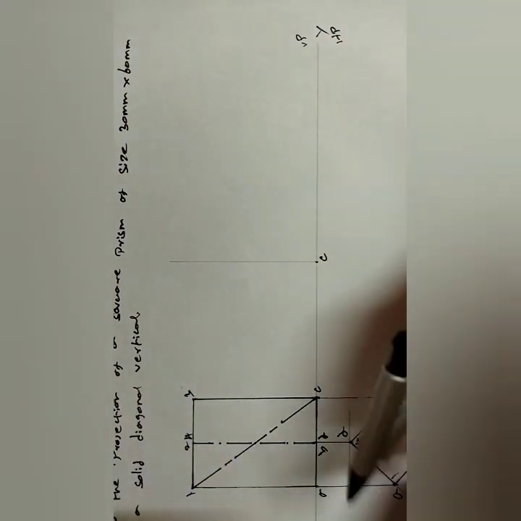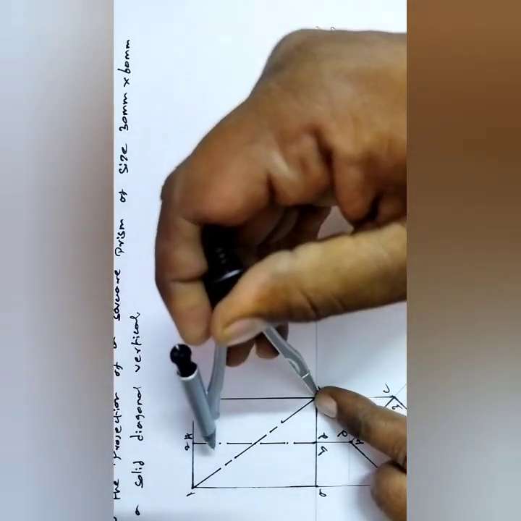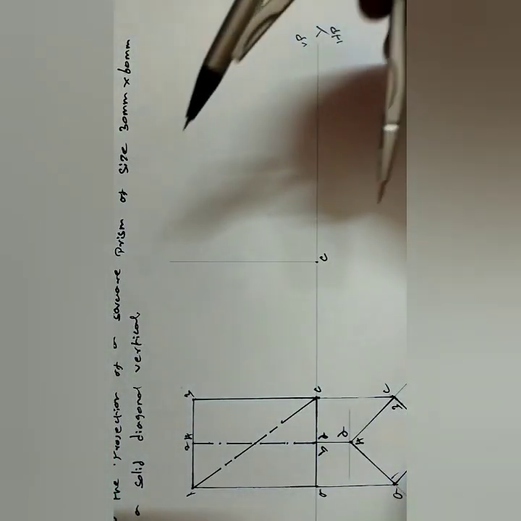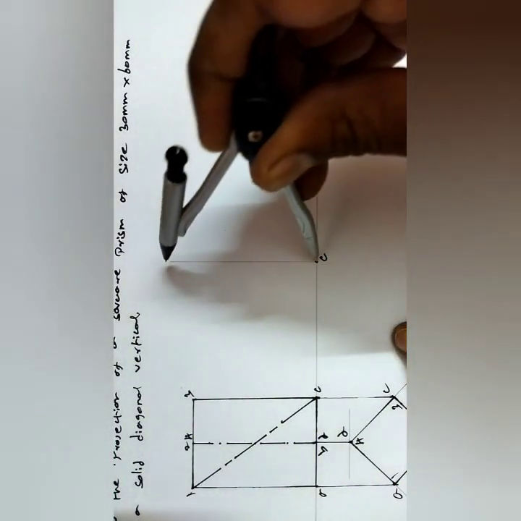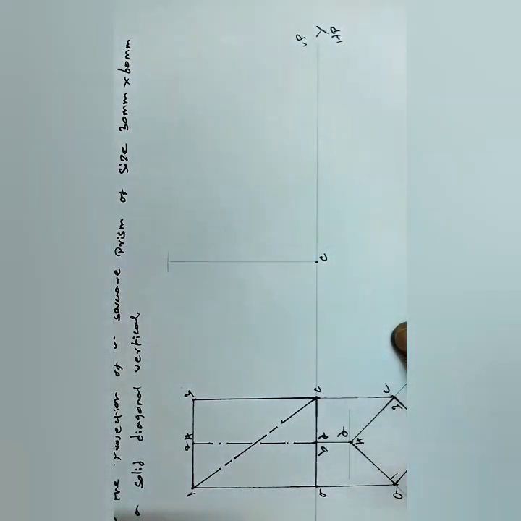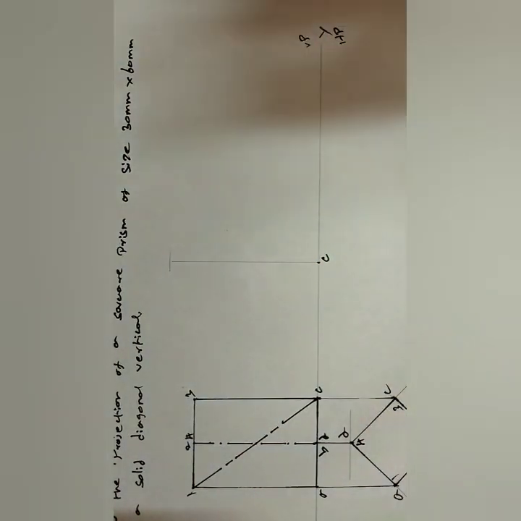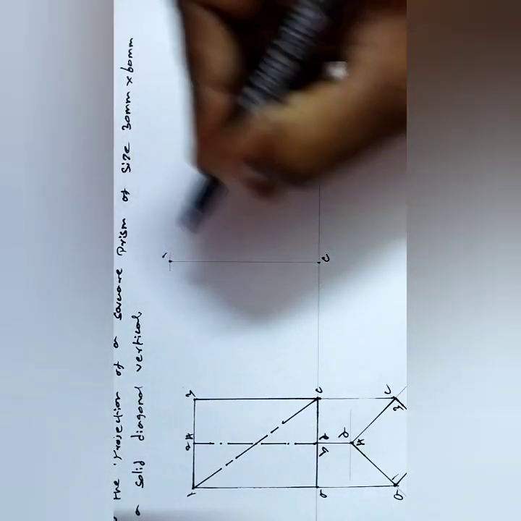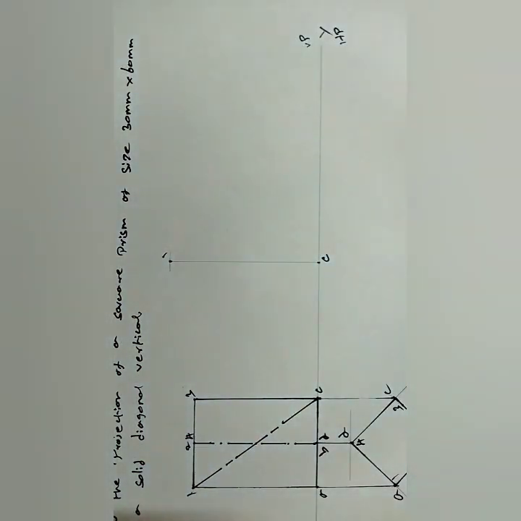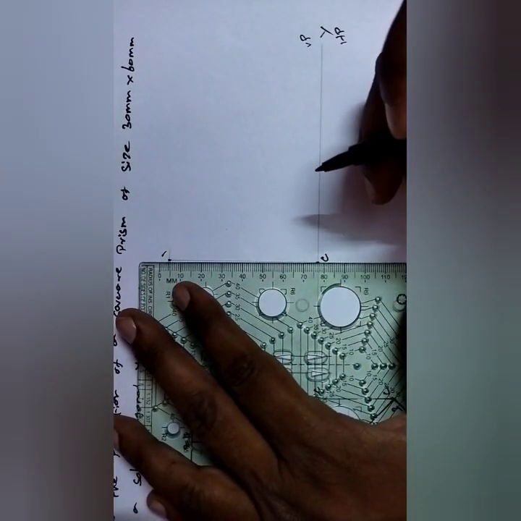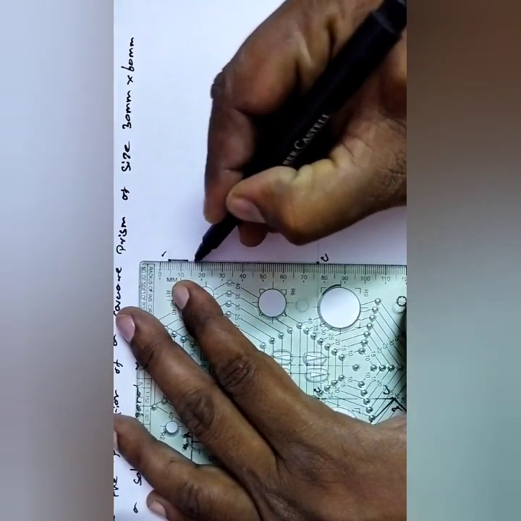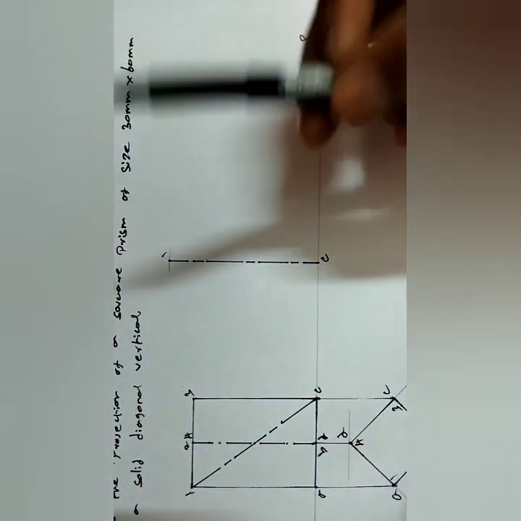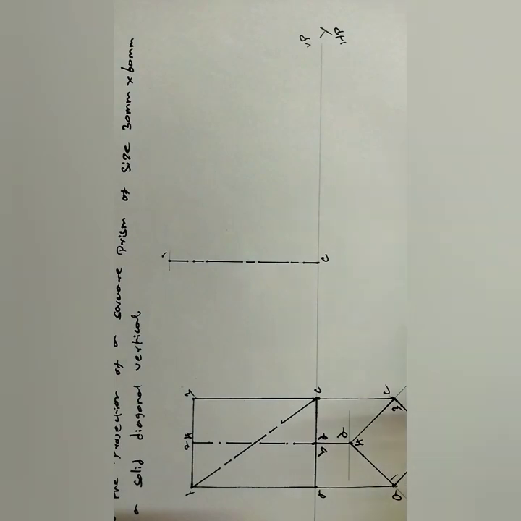Measure the solid diagonal distance from the second stage, then cut the arc from C. This point is 1. C and 1 give us the solid diagonal line, vertical.